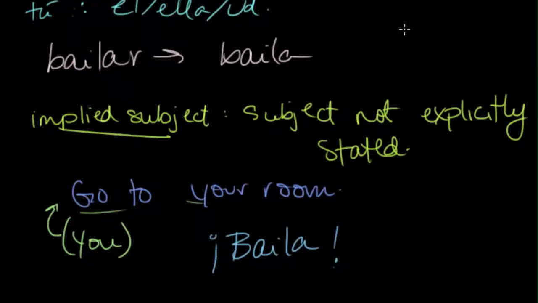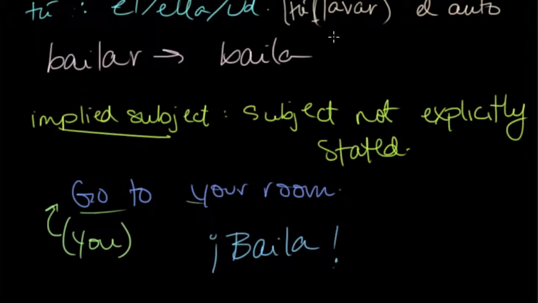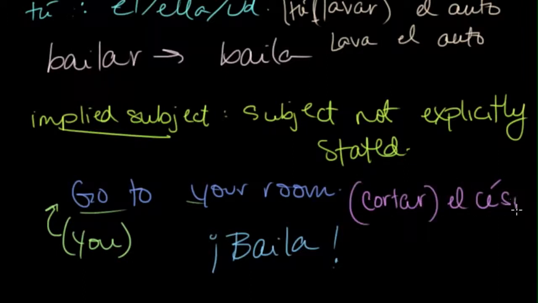So, let's look at a few other examples. We might have wash the car. So our verb would be to wash, so lavar el auto. Now remember, our implied subject is tú, and for a command we're going to take the él, ella, usted form: lava el auto, or el coche, whatever you prefer. We could have cut the lawn, cut the grass, and so our verb would be cortar el césped.